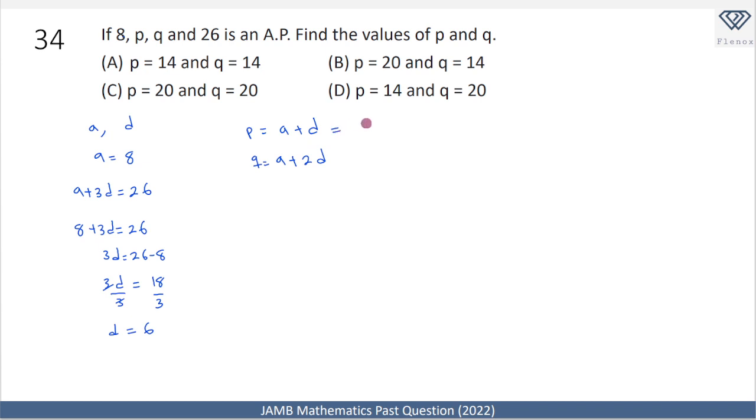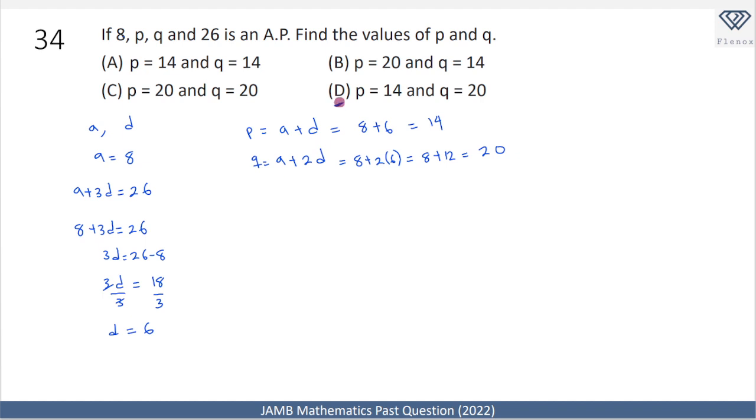Now for my P, my A is 8 plus my common difference is 6, and 8 plus 6 is 14. And Q will be my first term, 8 plus 2 times my common difference, which is 6, which will be what? 8 plus 12, and that is 20. So the value of P is 14 and the value of Q is 20, and that makes D the correct option.